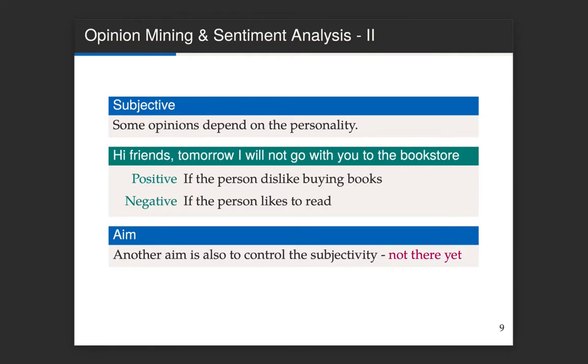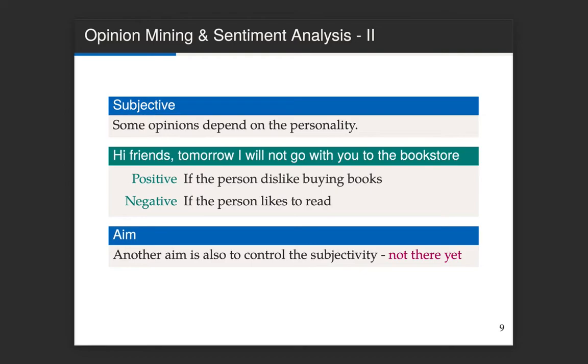It is a positive example if the person dislikes buying books. So if you don't like buying books, then not going to the bookstore is a positive fact. And it is negative if you want to buy a book and you want to go with your friends to buy a book. So that is negative. So it really depends on the person.